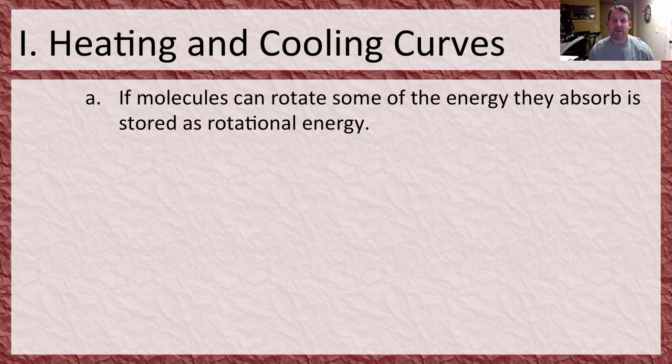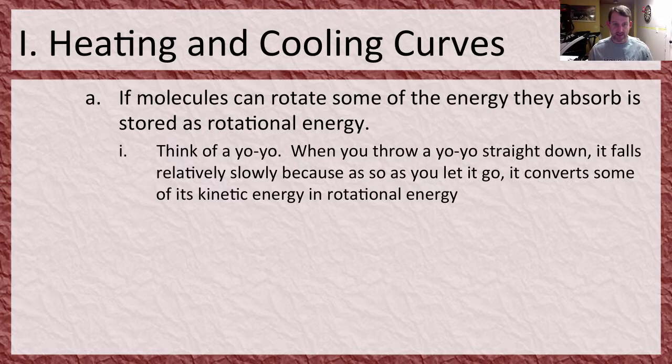The first type of energy that doesn't contribute to temperature is rotational energy. A good analogy is a yo-yo. When you throw a yo-yo down with no string on it, it falls really fast and hits the ground really hard. But if you throw it the exact same way with a string attached, the string forces some of the kinetic energy to turn into rotational energy as the yo-yo spins around.